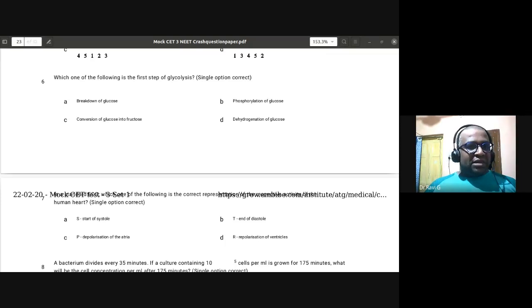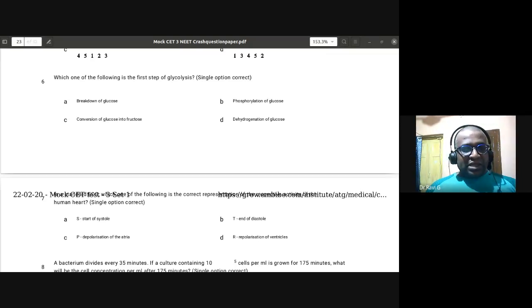The seventh question you have is: in a standard ECG, that is electrocardiogram, which one of the following is the correct representation of the respective activity of the human heart? So that is the question.